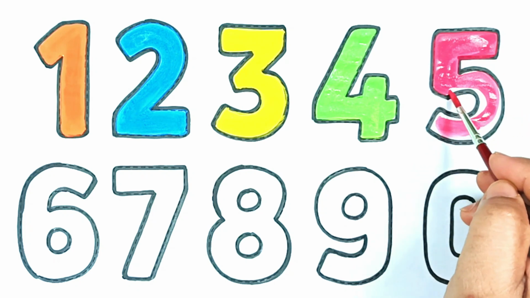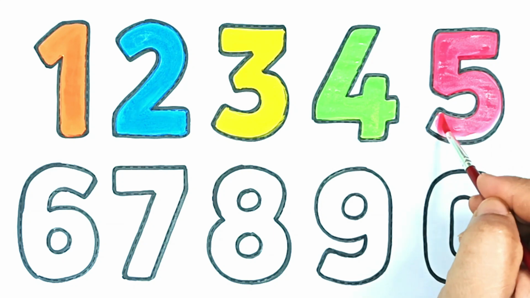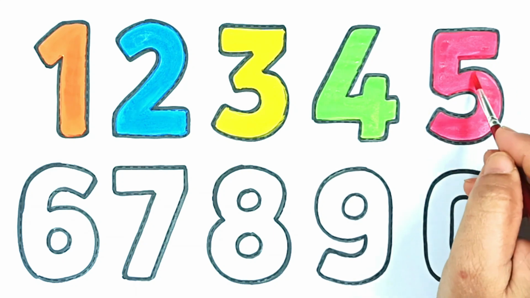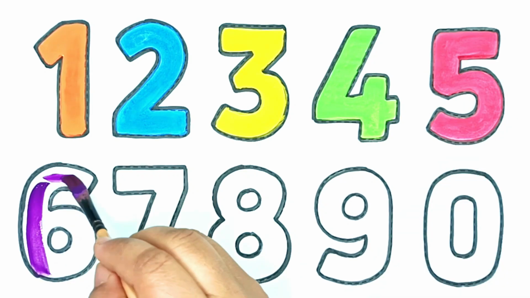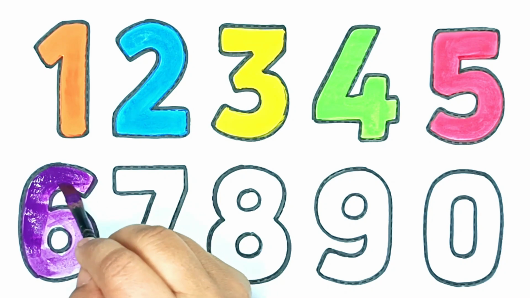The mouse takes the cheese. The cheese stands alone. Five flowers bloom. Hi-ho, the dairy-o, the cheese stands alone.